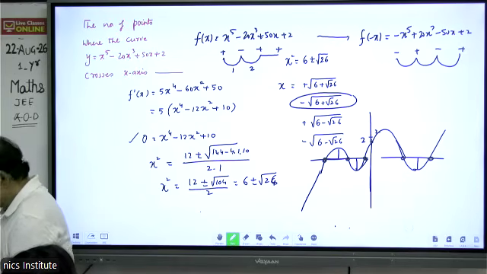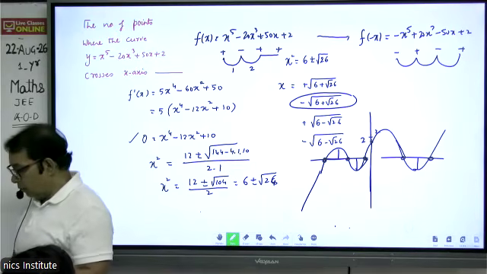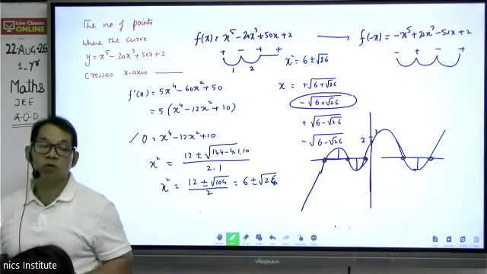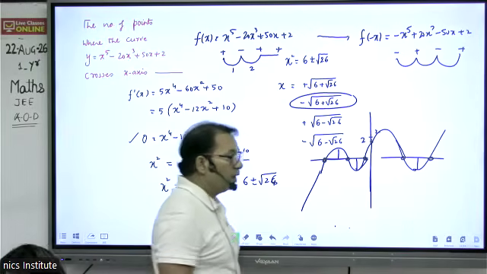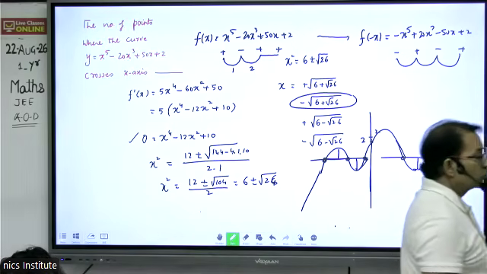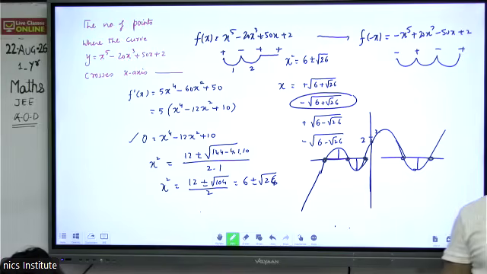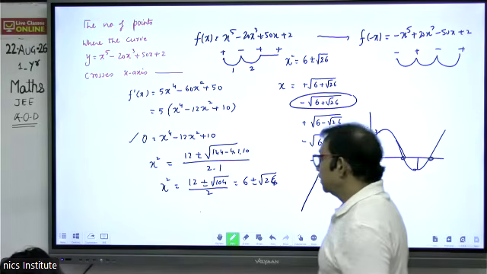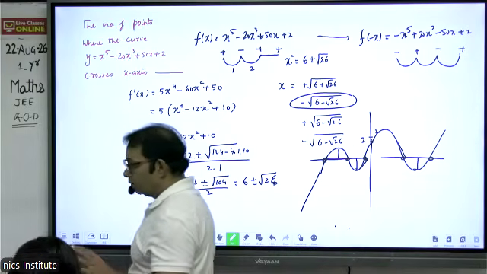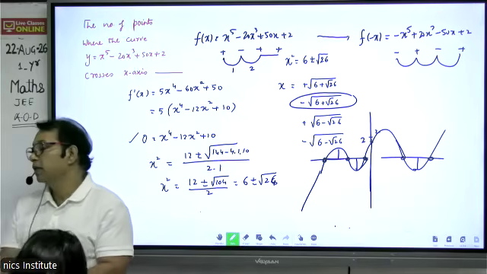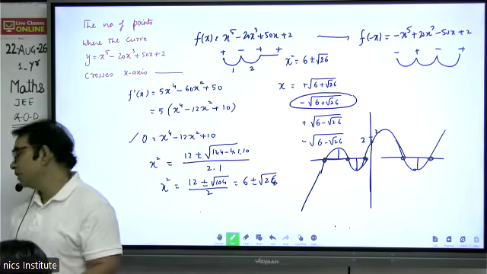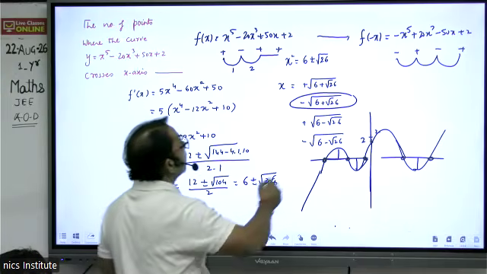Sir, can you repeat that again? See, the maximum possible number of positive roots in a polynomial f of x equals the number of sign changes, right? Similarly, the maximum possible negative roots equals the number of sign changes in f of minus x.